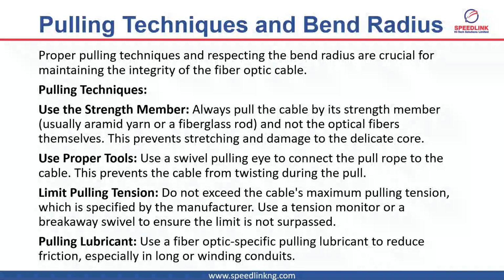Then the next one is we have to limit the pulling tension. For example, in big fiber cable runs where you'll be using bigger machines to pull cables, you have to limit the pulling tension. Because those ones now, you're not going to be pulling them with your hand. You'll be using machines to pull cable inside the duct. Are we following?